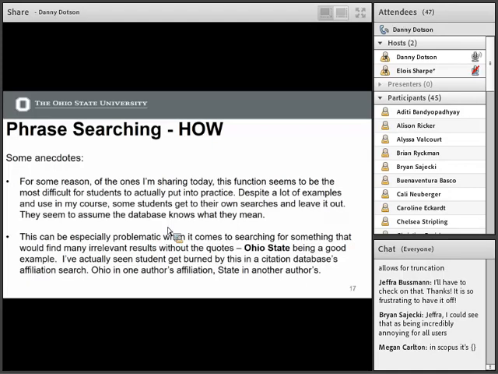And I got a little ahead of myself. So the other example is with citation databases. You could be finding Ohio and state in very different areas of a record, but not necessarily together. And in some cases, you're going to be okay, but if you're using a database that does something really goofy when you combine two words together without the phrase searching and a Boolean operator, you may be getting some very messed up results.